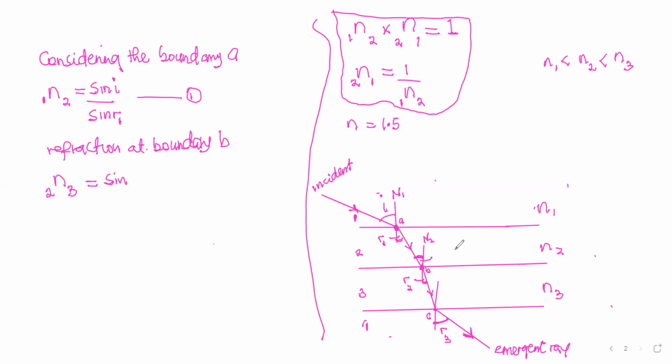Alternate angles. You are absolutely right. It will be R1 because these two angles are alternate. So sine R1 over sine the angle of refraction in medium 3, which is R2.